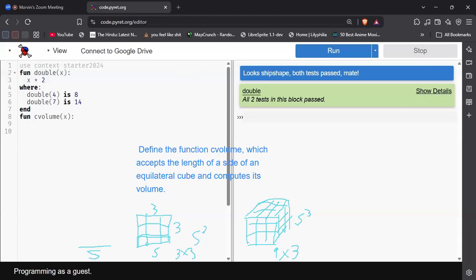When s is 3. Okay, let's write some tests just to make sure it's a-okay.